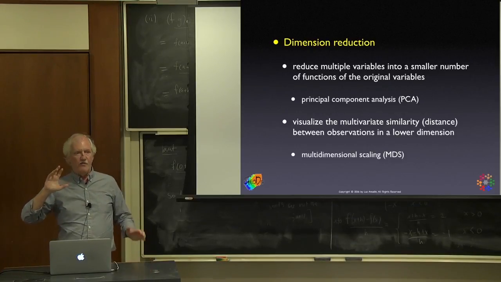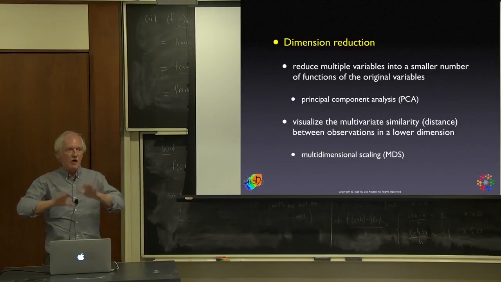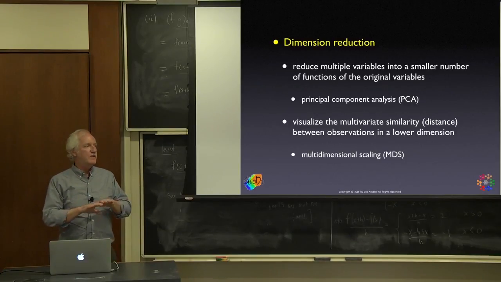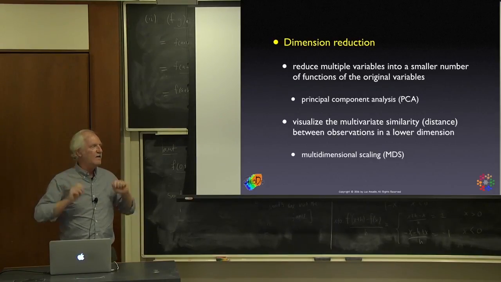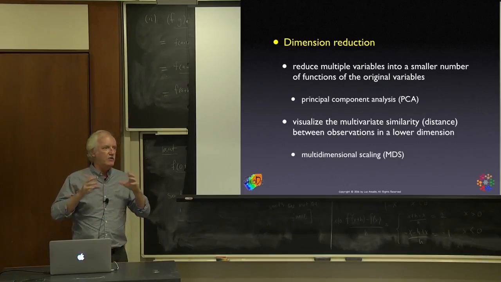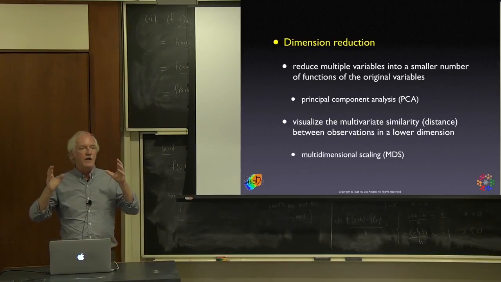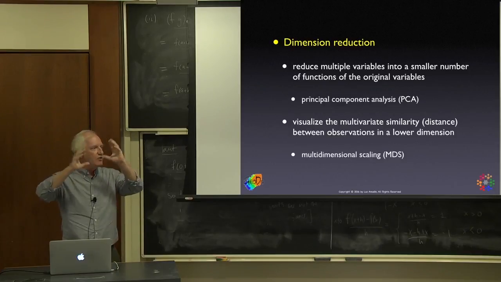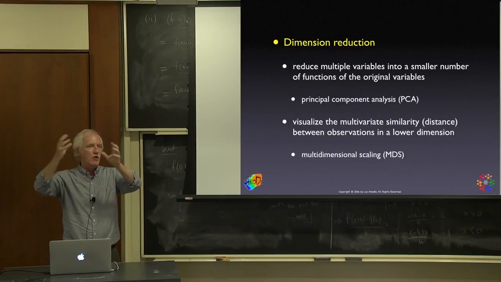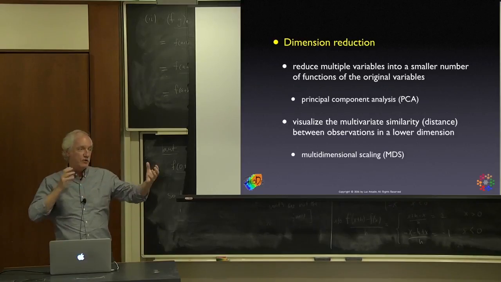Another way of thinking about this is very spatial. All this stuff, even though it's non-spatial by construction, is actually very spatial in the way that it thinks about multivariate data. You can think of multivariate data as points floating in higher dimensional spaces. And how do you figure out which points are closest to each other and which points are further apart?